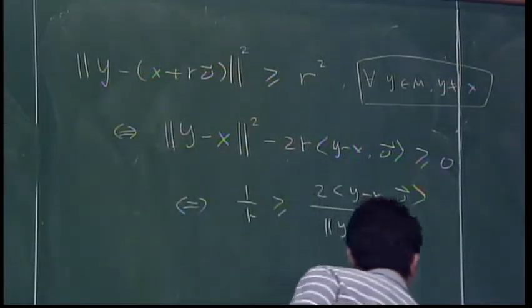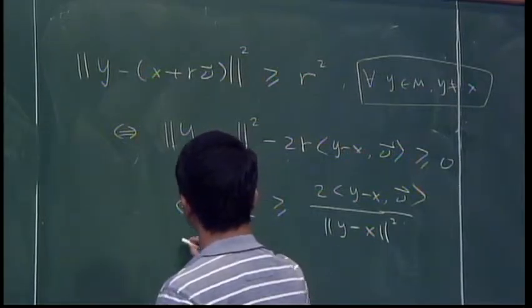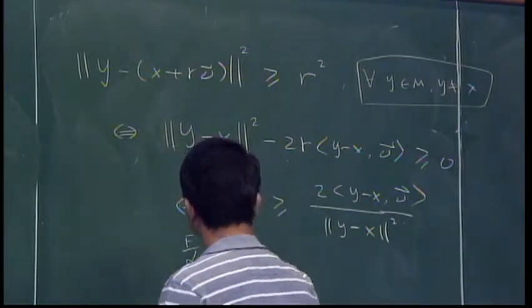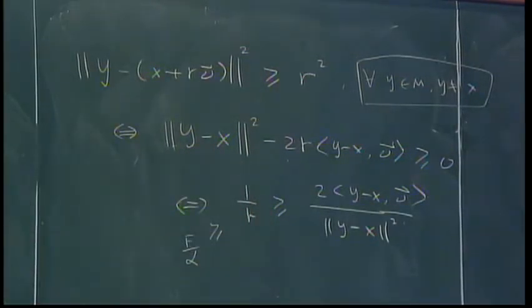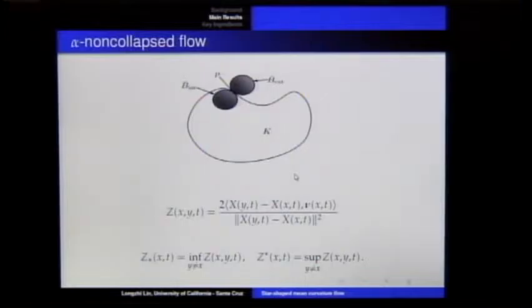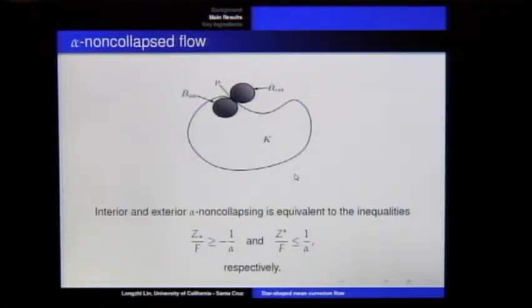So you have f divided by alpha. If you look at this quantity, that's how you motivate looking at it, and define the quantity z for every t, x and y.